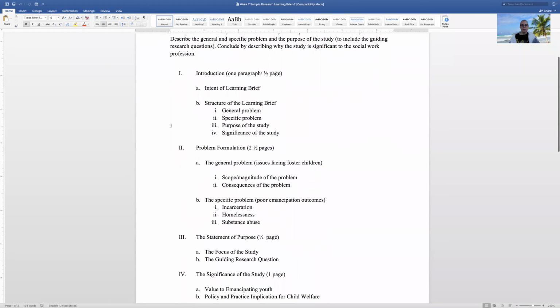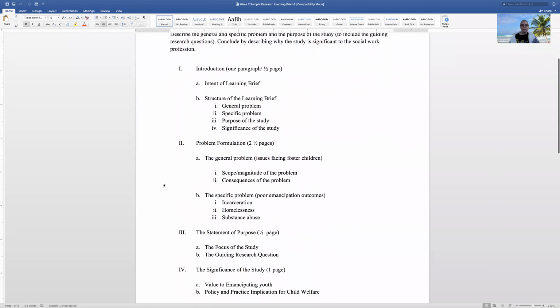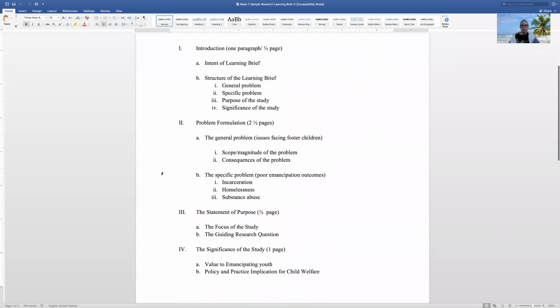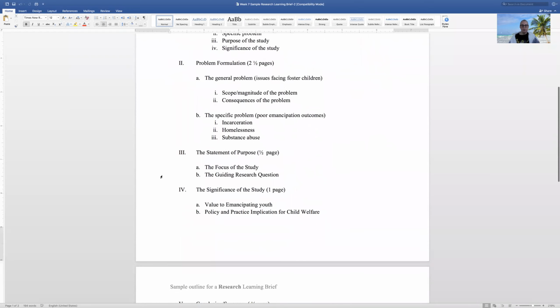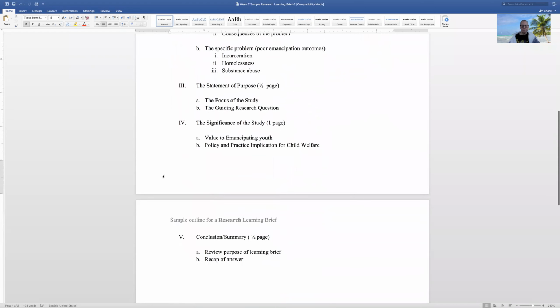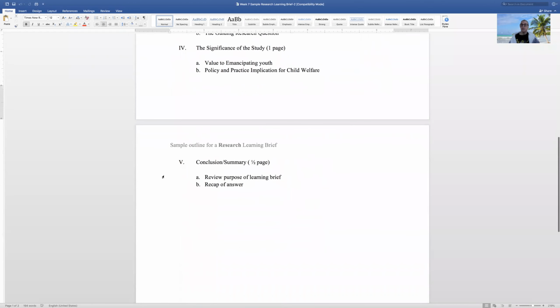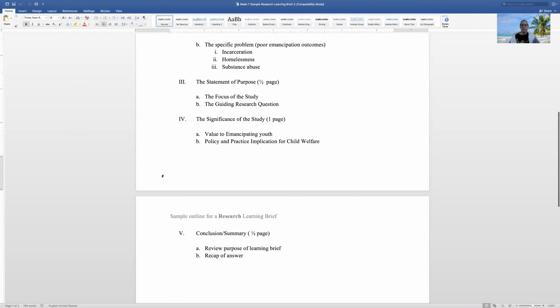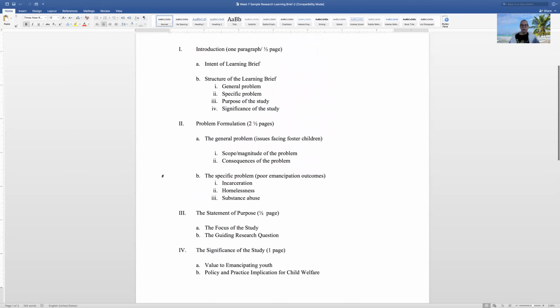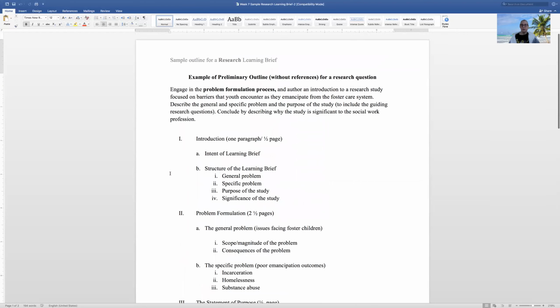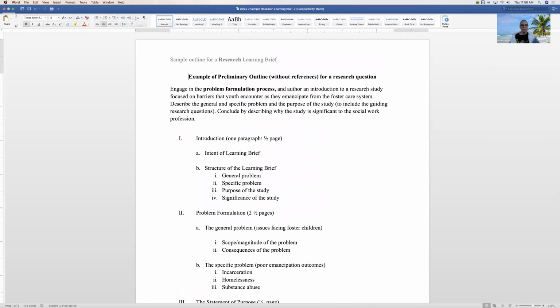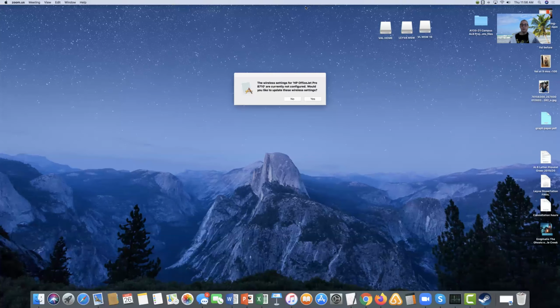So here's an introduction, one paragraph is half a page, here's a problem formulation, here's the statement of the purpose, the significance of the study, and the conclusion. So this is a really good outline for writing this particular essay answer once you've written your essay question. So I'm going to close this and stop sharing my screen. So that's an overview of how to write your research question.